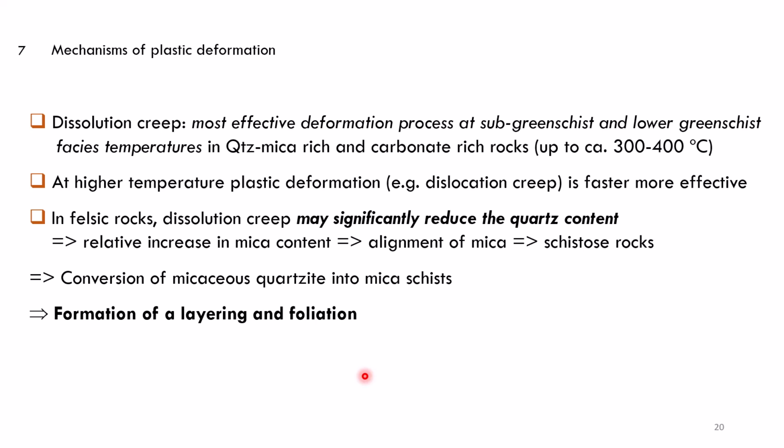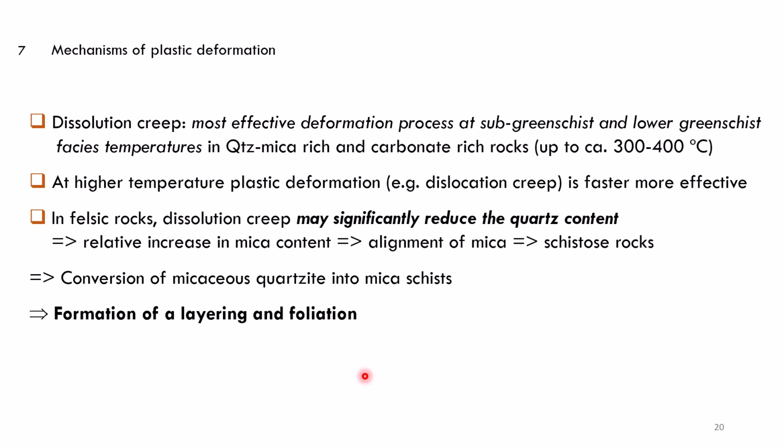In quartz or carbonate-rich rocks, dissolution creep can have a substantial impact on the whole rock chemistry, because it will relatively increase all other minerals that are less or undissolved and remain behind during dissolution creep. And if alignment of these minerals takes place, schistose rocks will appear through dissolution creep.